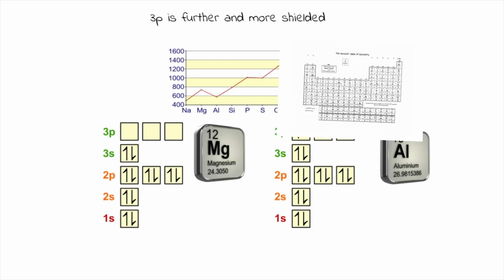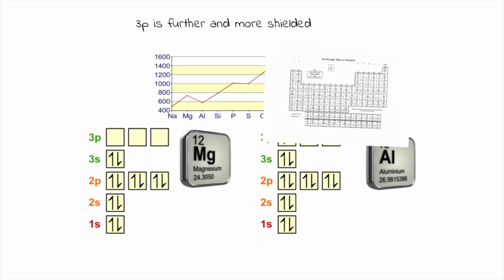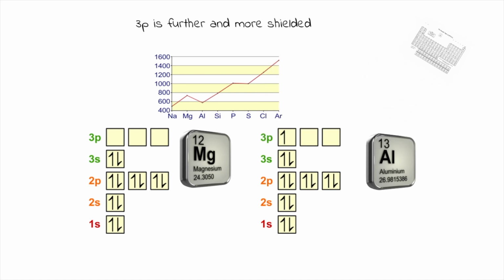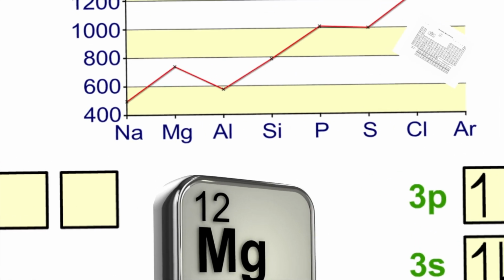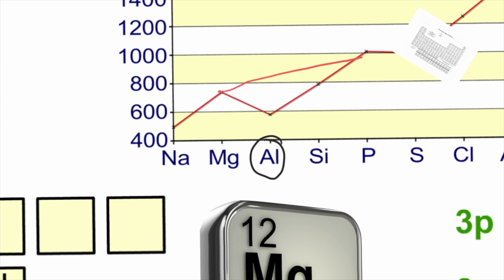Once again, if you compare magnesium and aluminium, you'll find that the valence electrons of aluminium are slightly further away from the nucleus than those of magnesium. Take a look here. I was expecting the ionization energy to steadily increase, but due to the electron configuration of aluminium, I actually had a decrease.